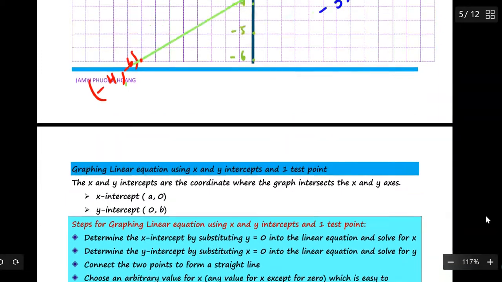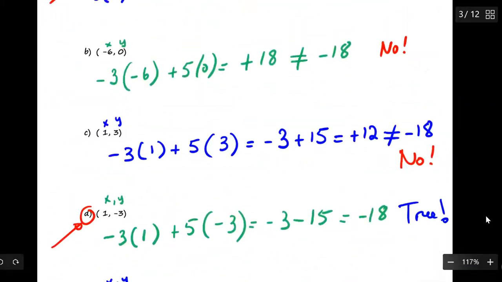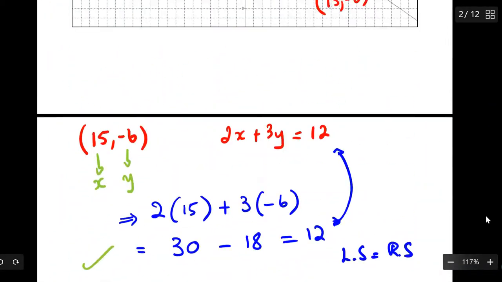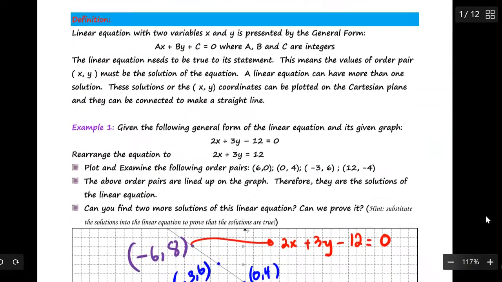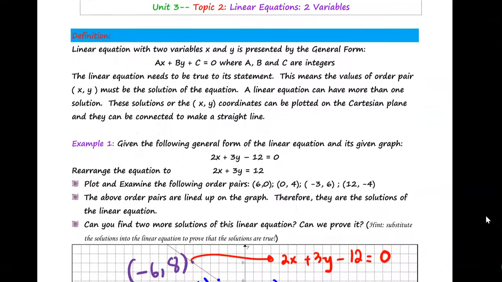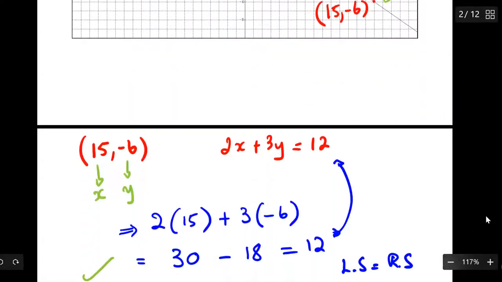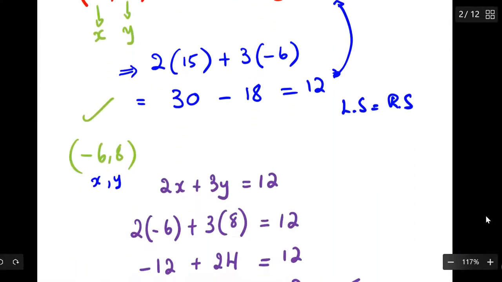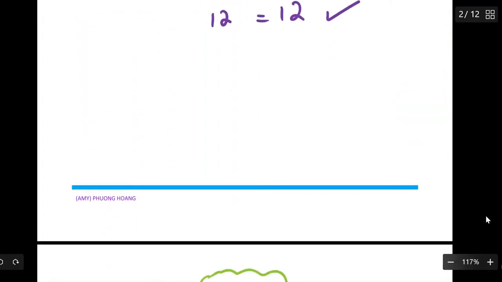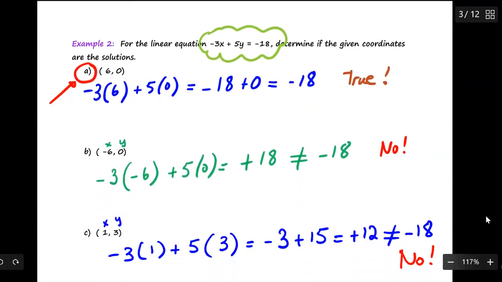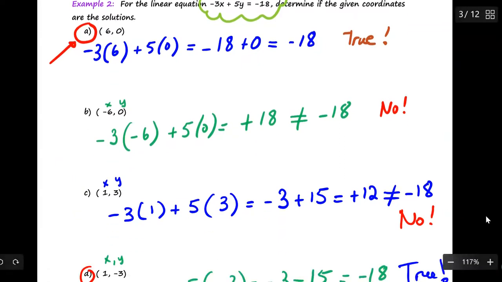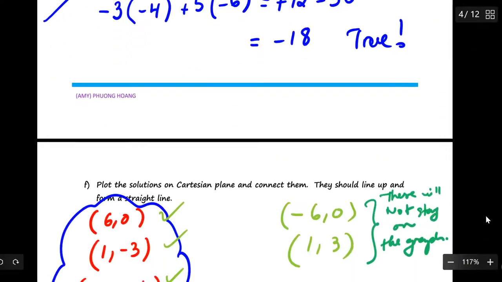I believe that I covered everything for everyone: the linear equation, the definition for that, plotting the points to see if they are on the graph, and proving that they stay true to their statement. If they are not equal to each other, that means those points are not on the graph.